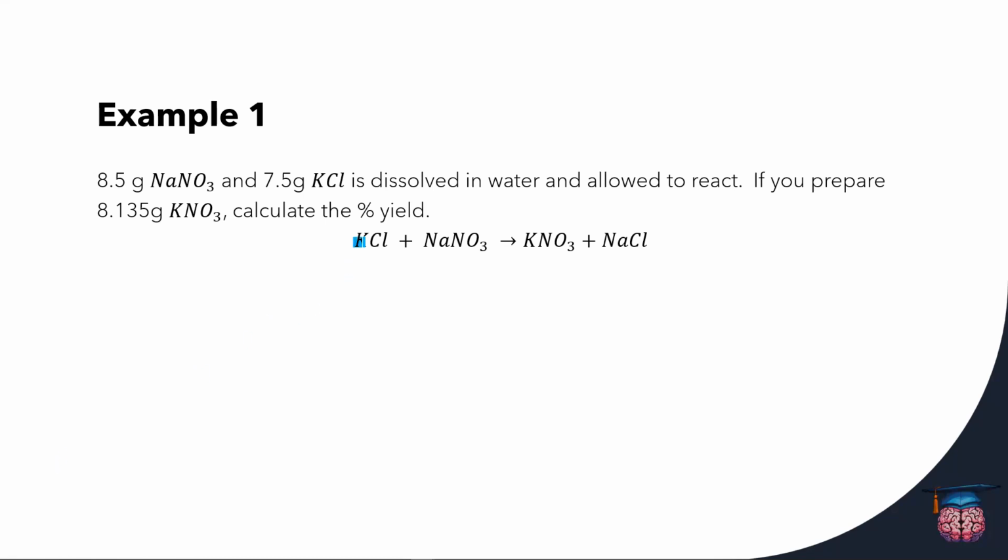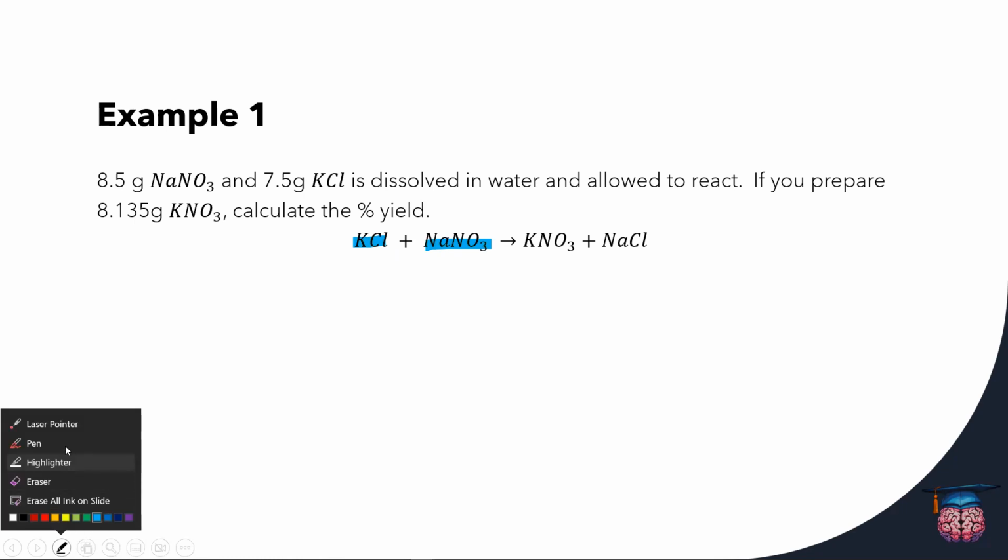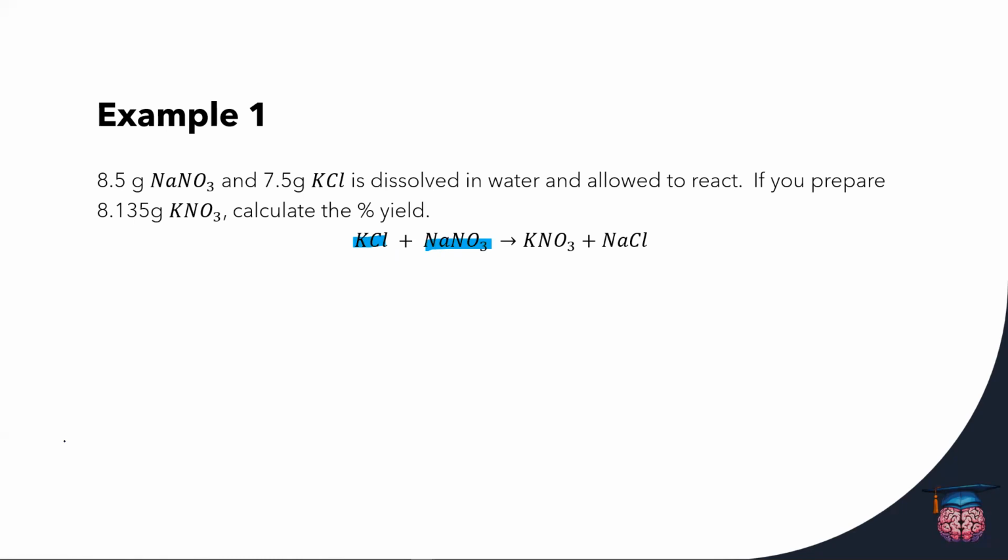So our reagents are just the potassium chloride and the sodium nitrate. Now that we have determined what our reagents are, we can go and calculate the limiting mole. So we can start with the sodium nitrate.